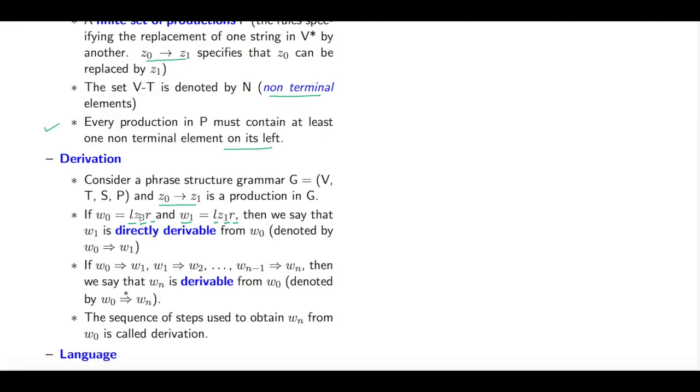So note that because Z0 can be replaced by Z1, we can just replace this symbol by this symbol in the whole concatenated string.